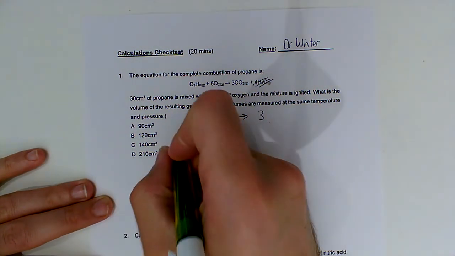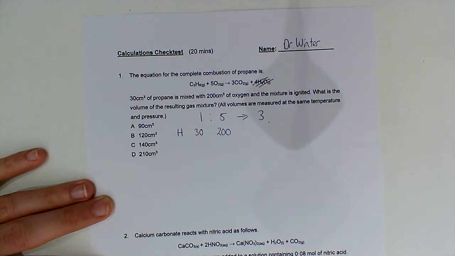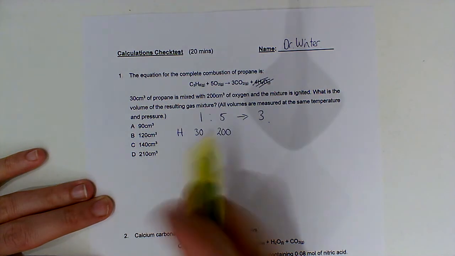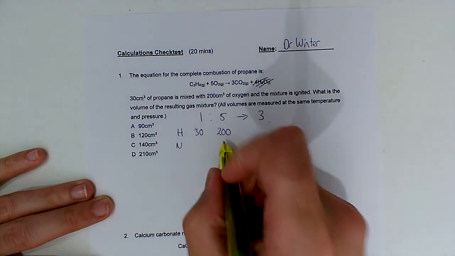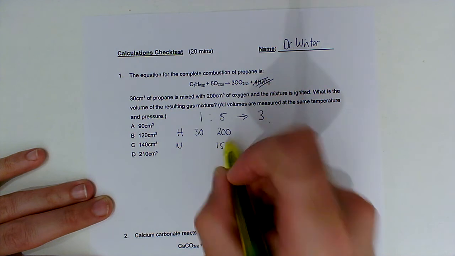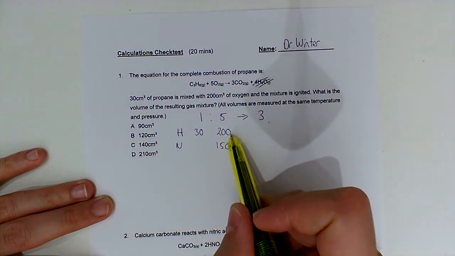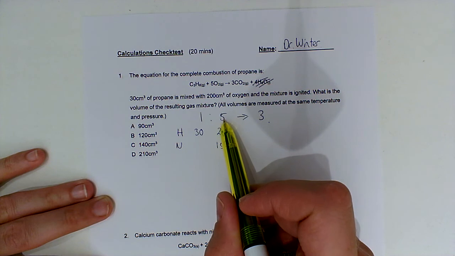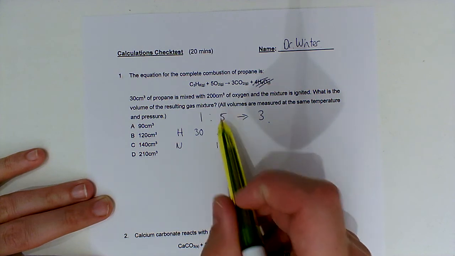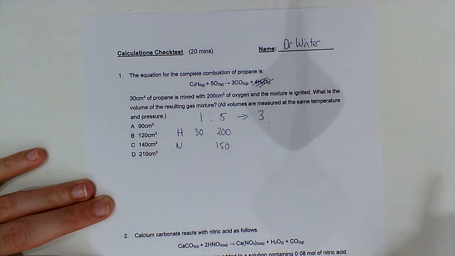Now if I have this, then what I would need is 150 of this because it's 1 to 5, so I multiply this by 5. I've got more of the oxygen than I need, so this one is in excess.